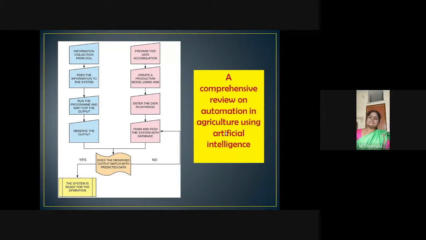Based on the healthiness and the character of the soil, we decide the plantation. So enter the data in a database, and train and feed the system from the database. When the observed data matches the predicted data, the system is ready for operation.